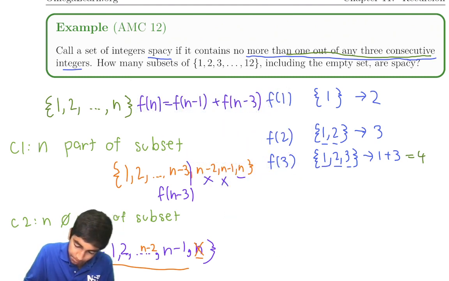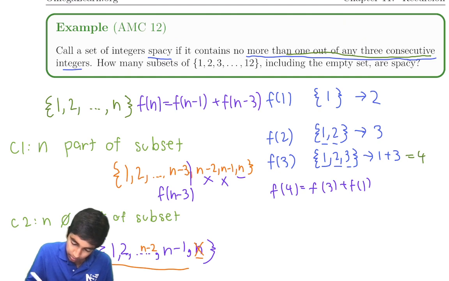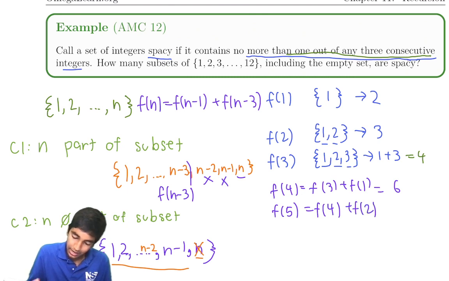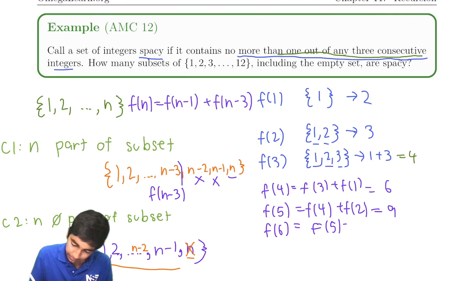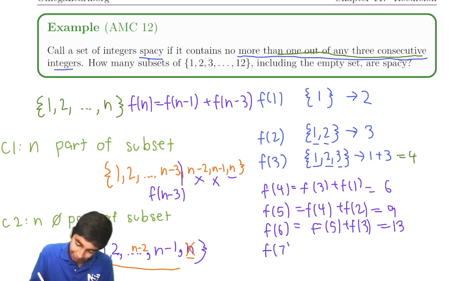So f of 4 is equal to f of 3 plus f of 1 equals 6. F of 5 equals f of 4 plus f of 2 equal to 9. F of 6 equal to f of 5 plus f of 3 equal to 13. F of 7 equal to f of 6 plus f of 4 equal to 19.